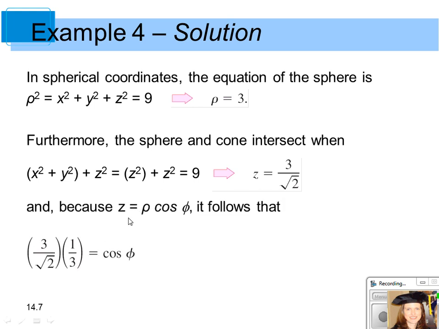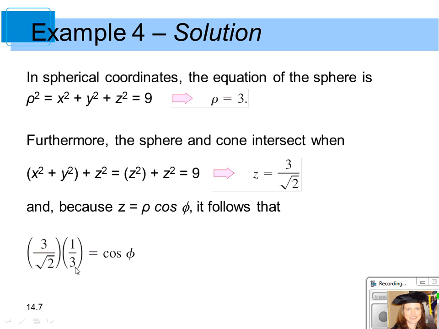And to determine the angle phi, you use the conversion equation z equals rho cosine phi. If you replace rho with 3 and z with 3 divided by the square root of 2, and divide by rho, you get 3 over square root of 2 times 1 over 3 is equal to the cosine of phi.